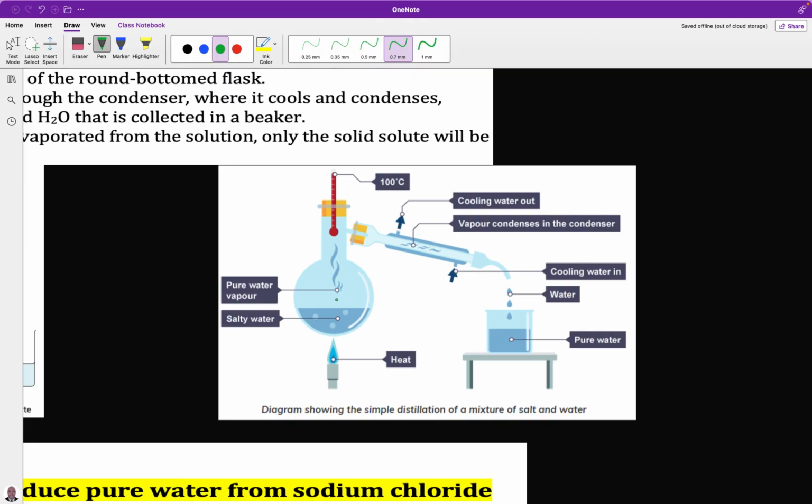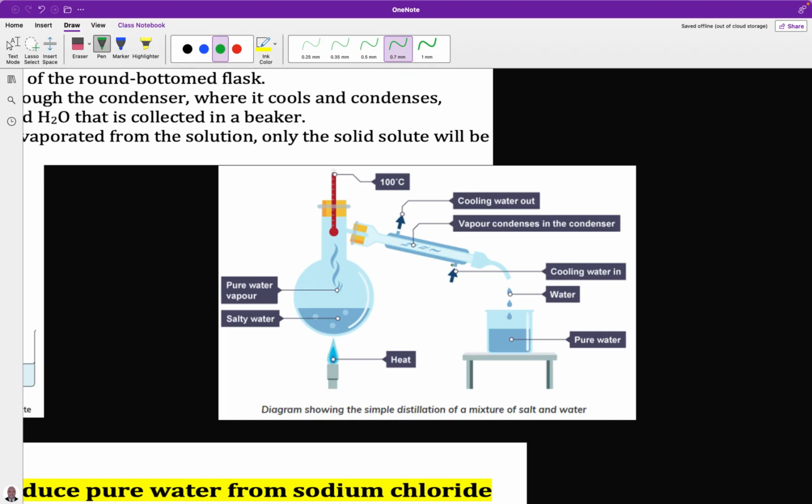As the water vapor rises to the neck of the round bottom flask, it passes into the condenser. Within the condenser, there is an entry of cooling water that enters to cool the vapor and cause it to condense.